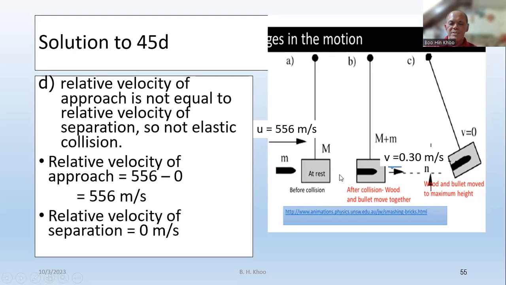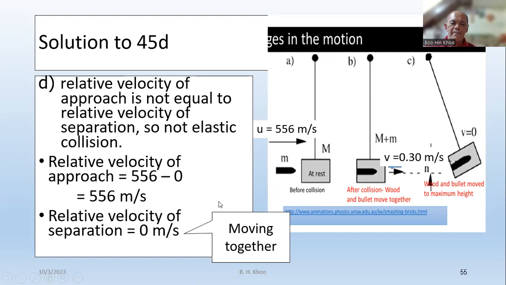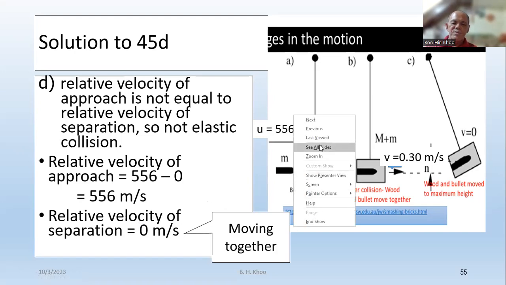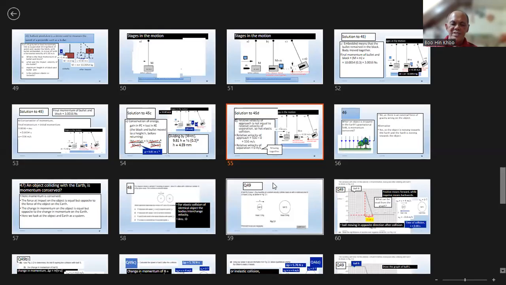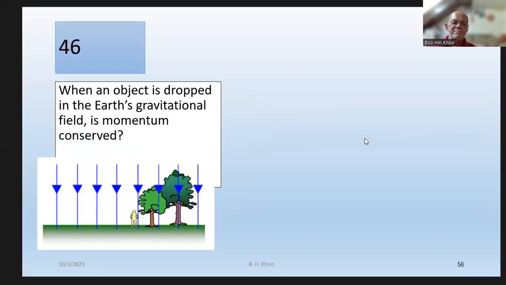Relative velocity of separation: they stick together, so relative velocity of separation is 0. Moving together, we know it's not an elastic collision anymore, it is an inelastic collision.